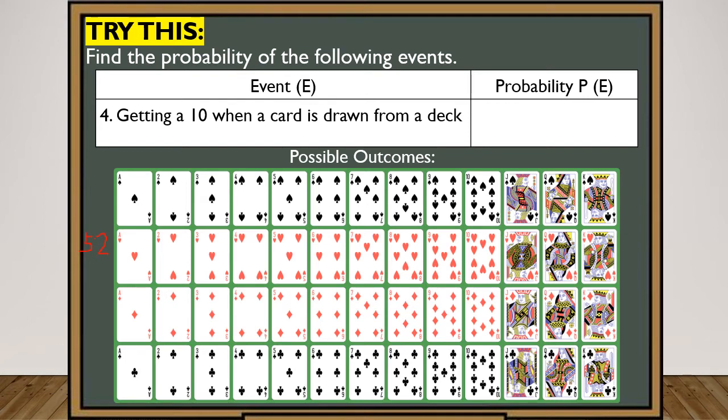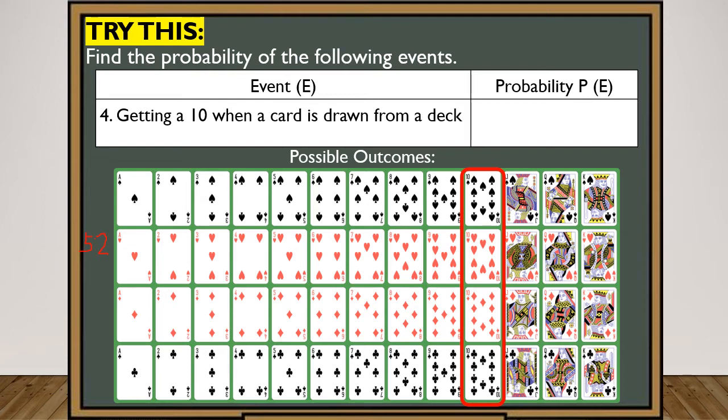What is the probability that you will get a 10? Out of 52, first we determine how many cards in a deck are 10. There are only four cards labeled as 10.